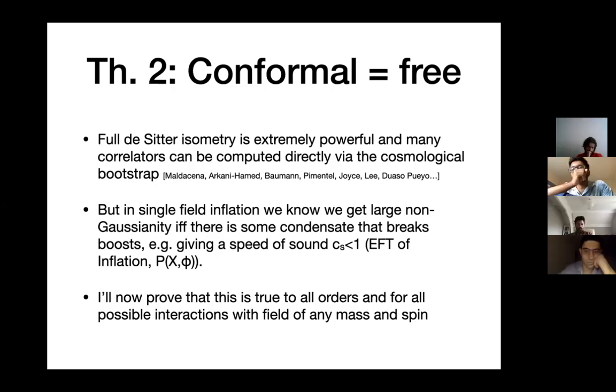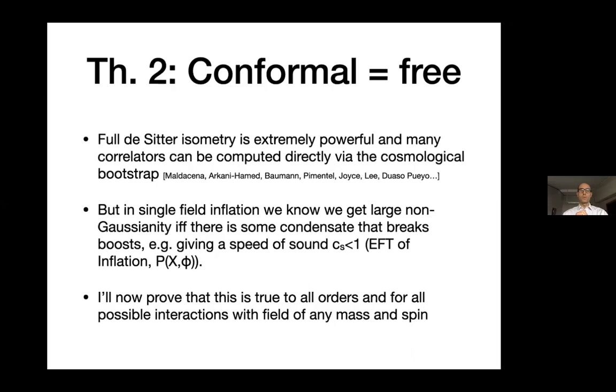However, as we know well from the phenomenological models, we get large non-Gaussianities only when there is something that provides a large breaking of the de Sitter boost, such as in models of small speed of sound: when c_s is much smaller than 1, you get non-Gaussianity of order 1 over c_s squared, and it is large only when c_s is much smaller than 1.